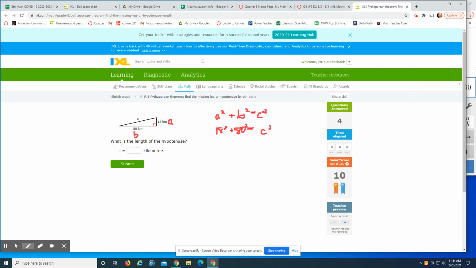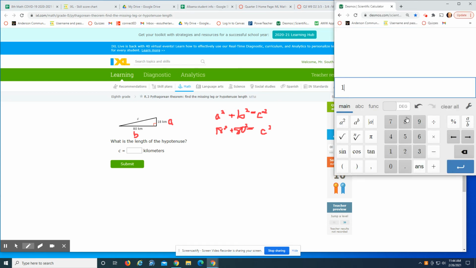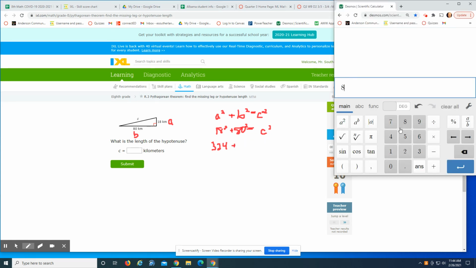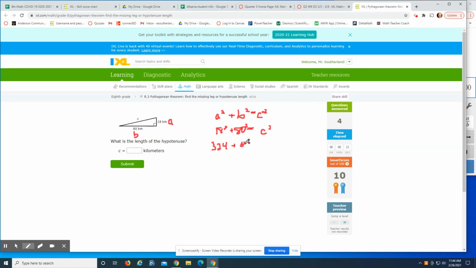Find out what 18 squared is, which is 324. Find out what 80 squared is, which is 6,400. Still equal to C squared.